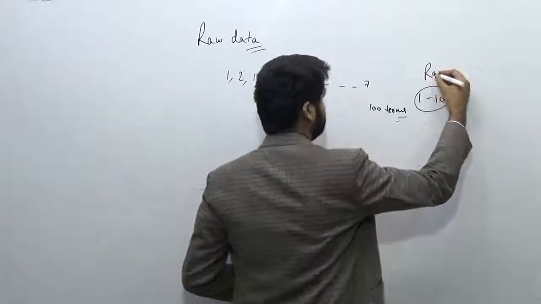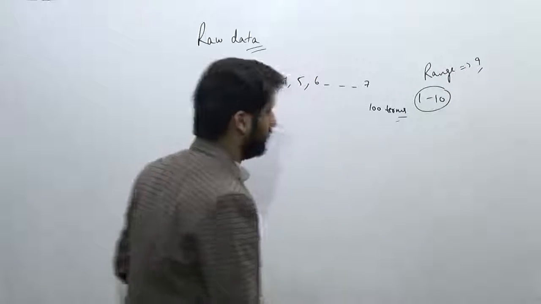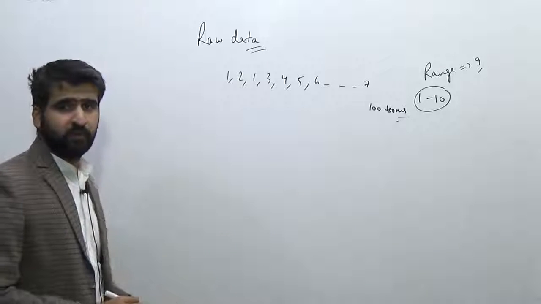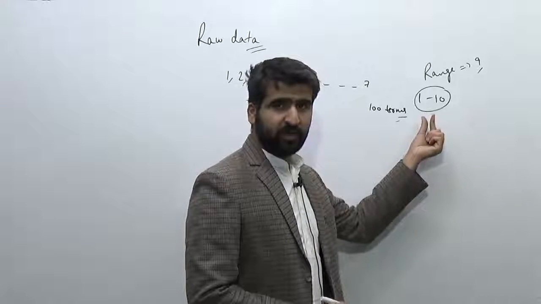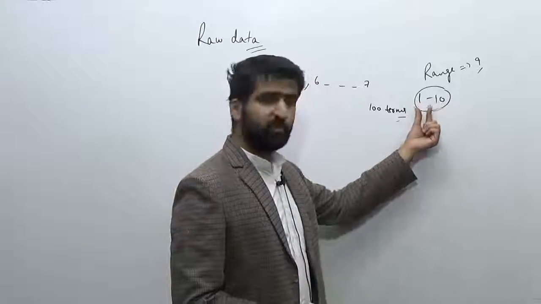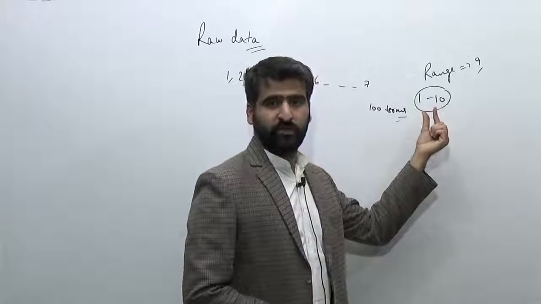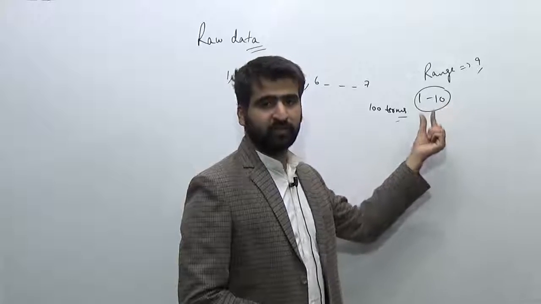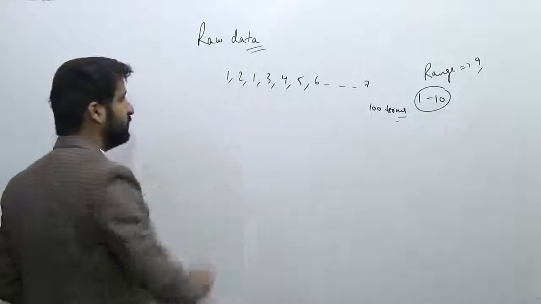So the range is equal to, let's say, 9. Upper limit minus lower limit. We have already covered this. The upper limit here is 10 and the lowest value is 1. So the highest value minus the lowest value will give you the range. So the range here is equal to 9.